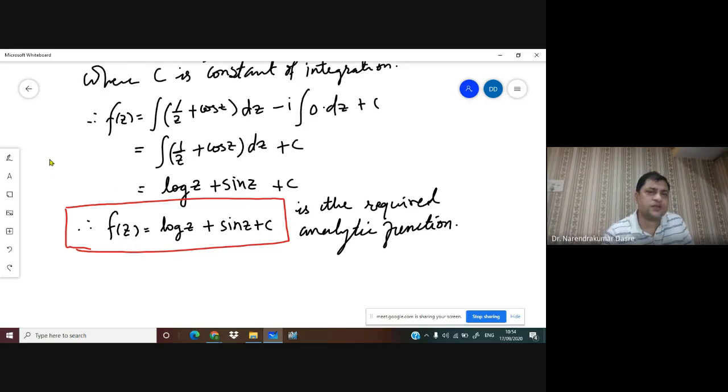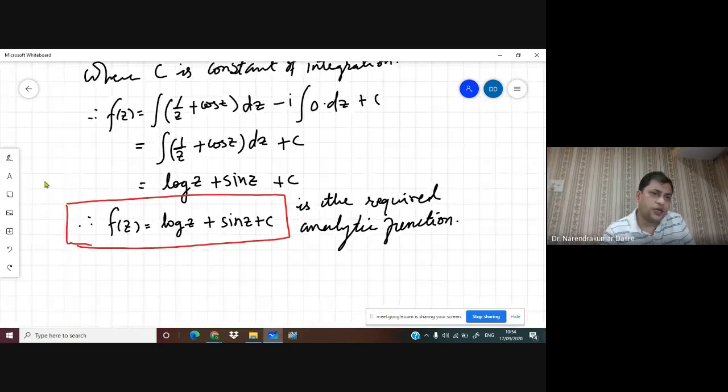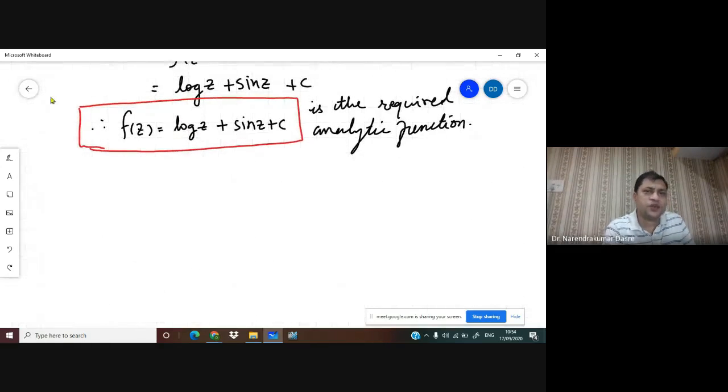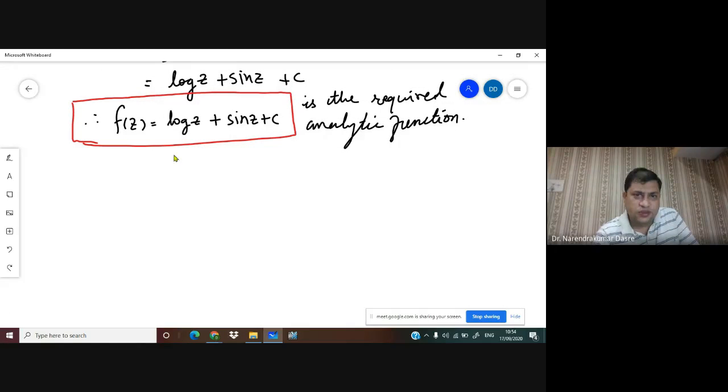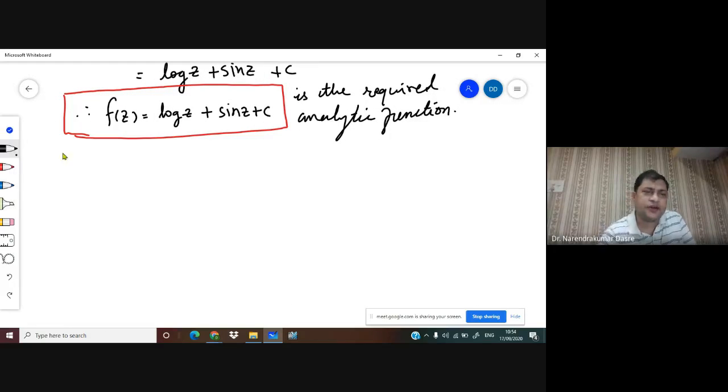Now the second part of our example is completed. We have to find the harmonic conjugate. To get the harmonic conjugate, we have to replace this z by x plus iy.